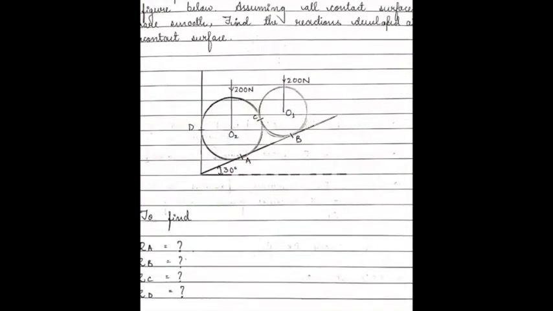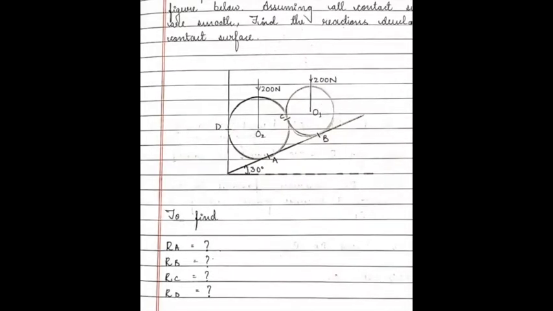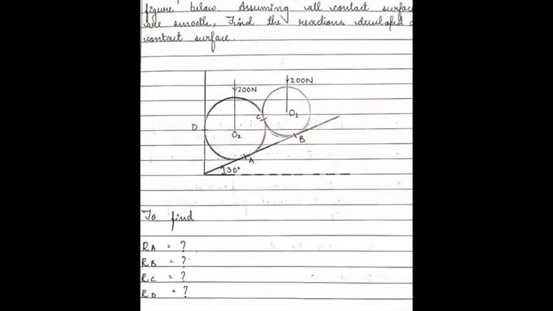Everybody, two identical rollers, each of weight 200 Newton, are placed in a notch as shown in the figure below.